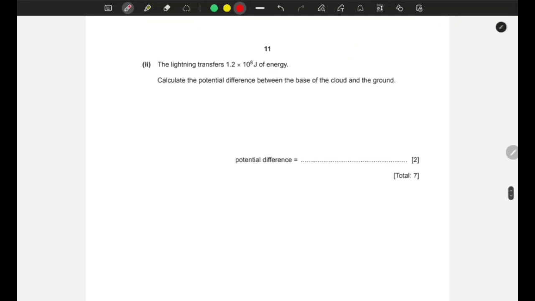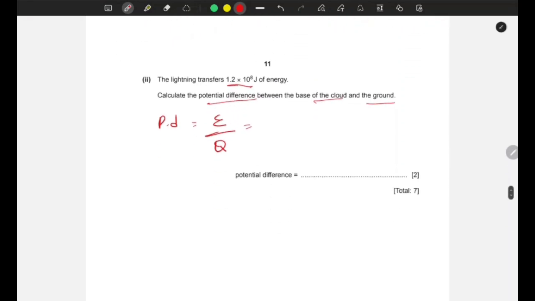Part 2. The lightning transfers 1.2 times 10 to the power of 8 joules of energy. Calculate the potential difference between the base of the cloud and the ground. So we know that potential difference is the energy transferred over the charge. So the charge is 33.6, energy is 1.2 times 10 to the power of 8.